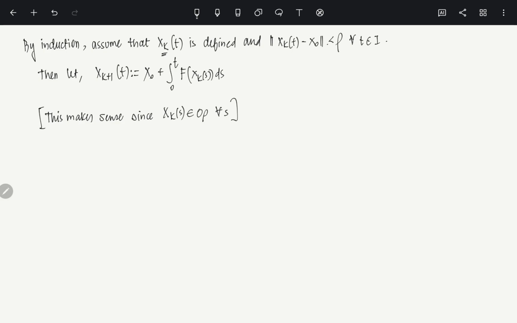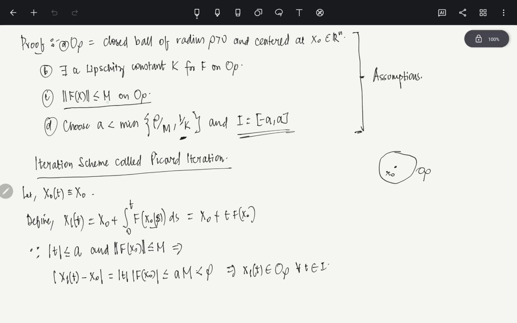Now if you take the norm of xk plus 1 of t minus x naught, this is always dominated by the integral from 0 to t of the norm of f of xk of s ds. Now xk of s is in O rho, and f restricted to O rho is always bounded by m.